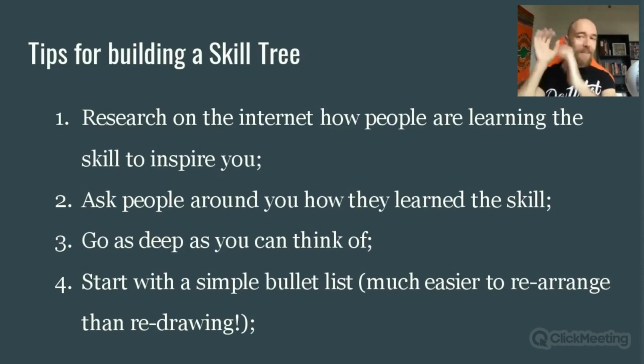So throwing a basketball, not that deep, but by analyzing the image, we could figure out that jumping was involved, flexing legs was involved, the movement, raising arms and pushing and all that. We could always think of all the different components. It's actually really important. And as mentioned just earlier, start with just a simple bullet list because it's so much easier to rearrange a list than it is to redraw things, right?